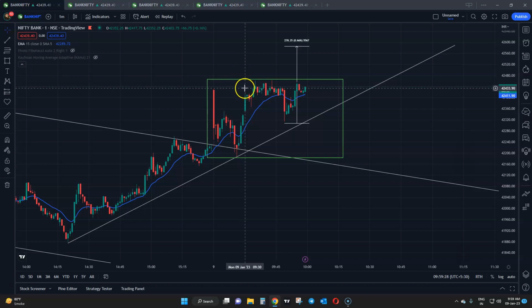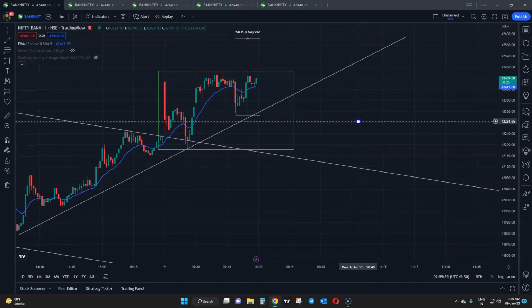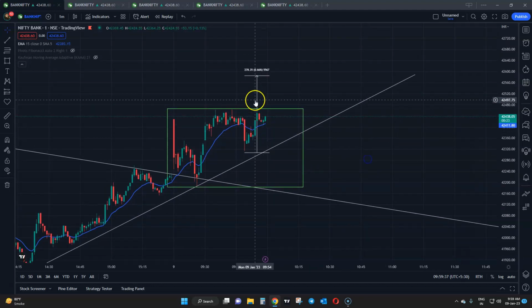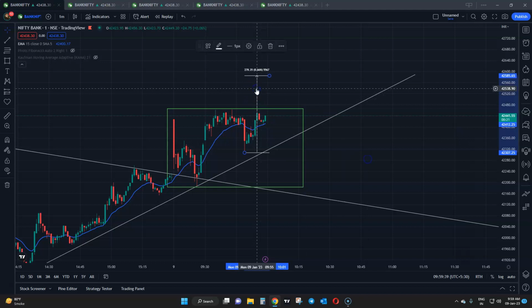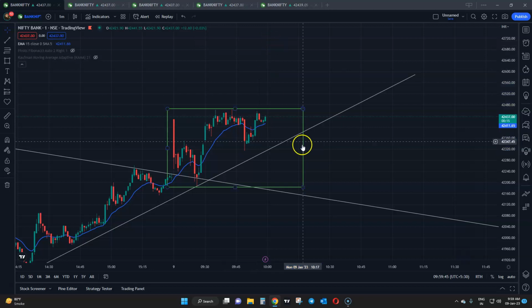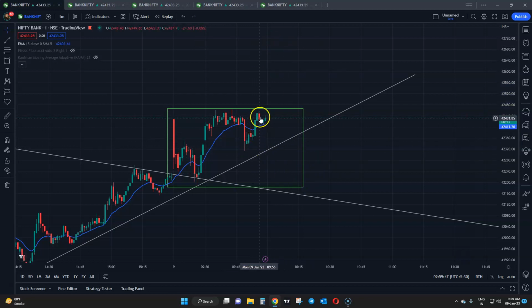Yeah, that fizzed out. Flag failed. You can see another flag formation.